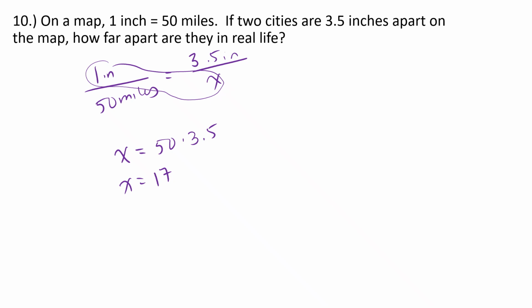It's a 5. There we go. And so they'll just say, okay, well, 1 is to 50, so 3.5, I multiply 50 by 3.5, and they'll get there. But a lot of students will not know if they need to divide or what they need to multiply. And so setting up the proportion either will help you navigate through that or it'll confirm that you're doing it the right way.